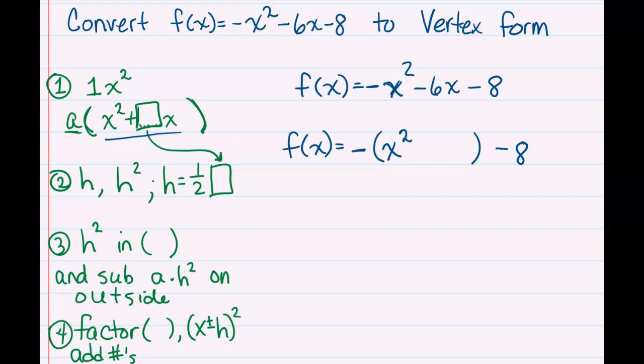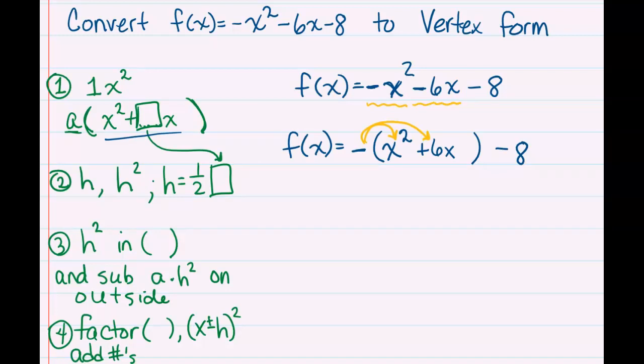And I did a GCF of negative 1, so I'm going to divide this by a negative 1 and I'll get plus 6x. You can always check yourself that when I do the distributive property, I get negative x squared. And when I do the distributive property here, I get negative 6x. So it's working what we want it to do.